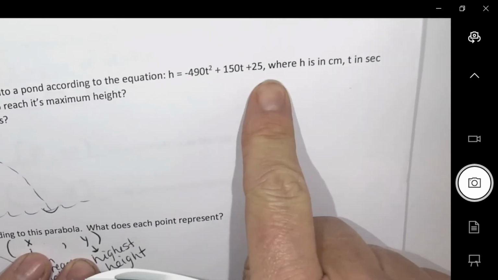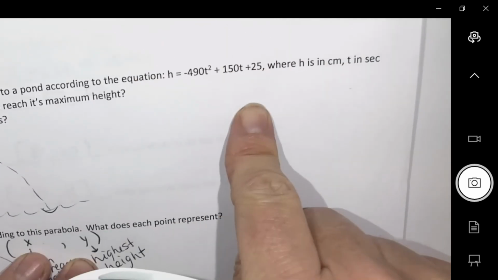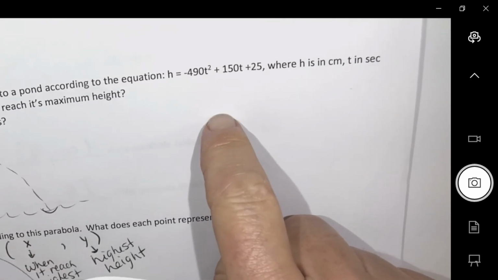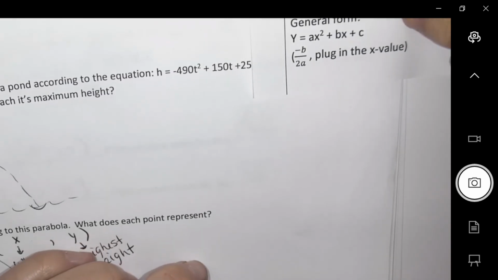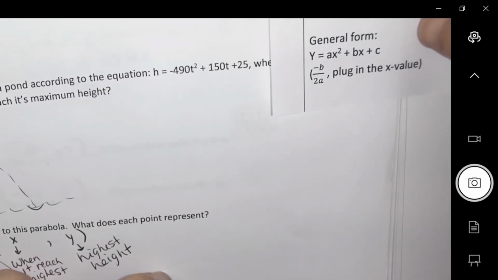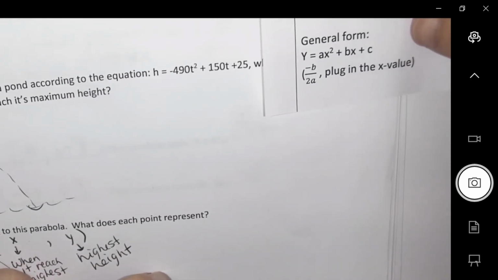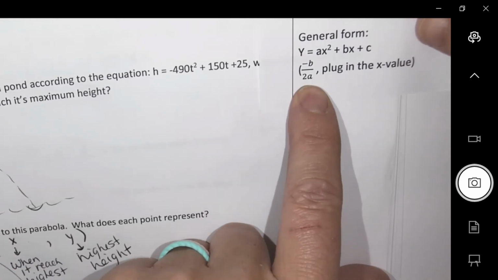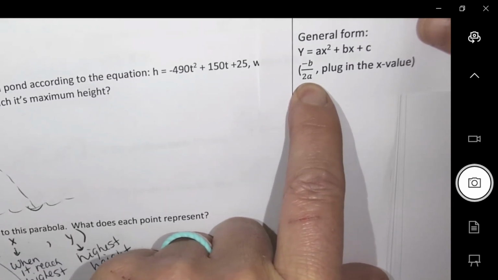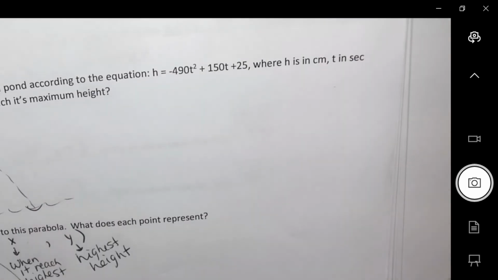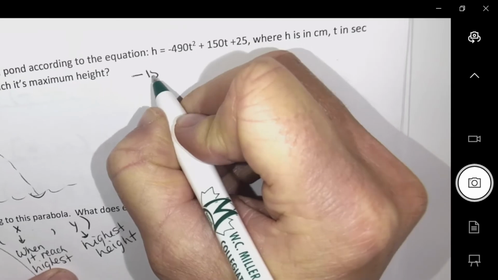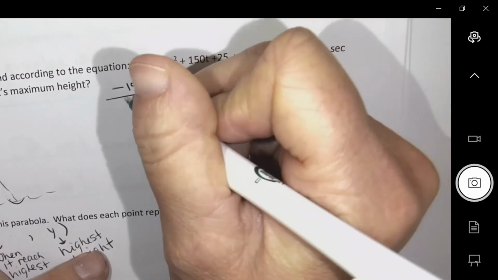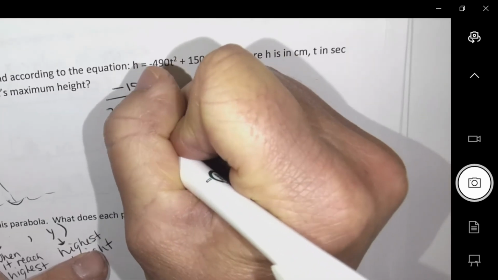How do you find the vertex in this form? That's general form. So how do I find the vertex? Negative b over 2a, plug in. Okay, ready? Negative 150 over 2a.